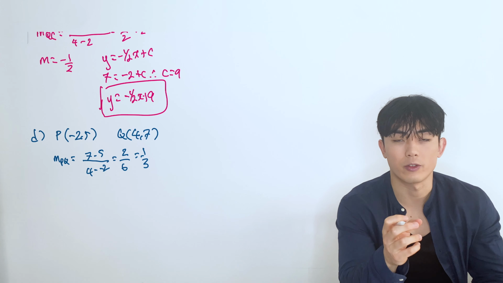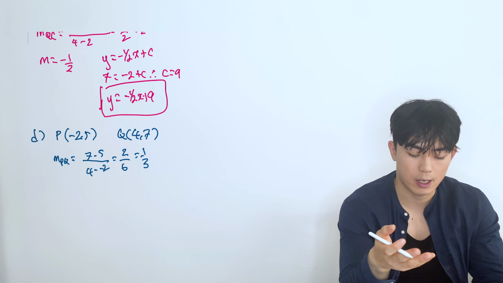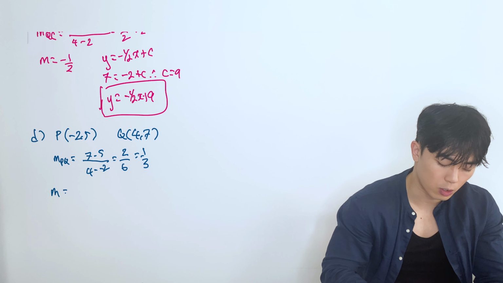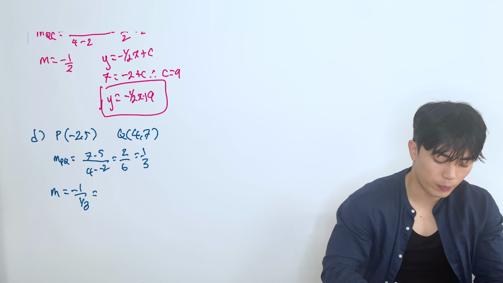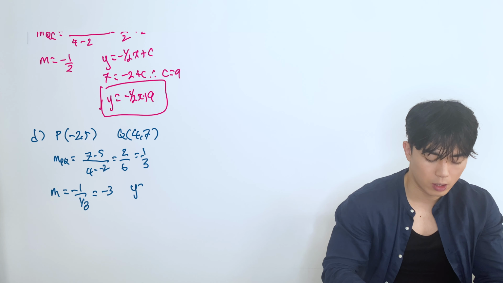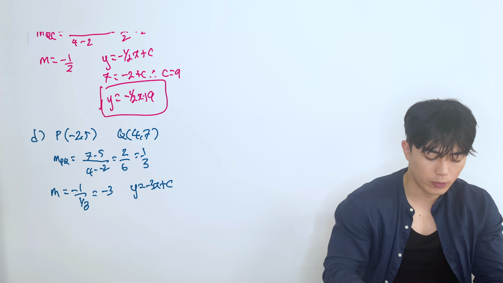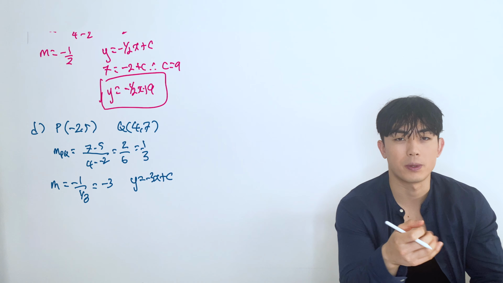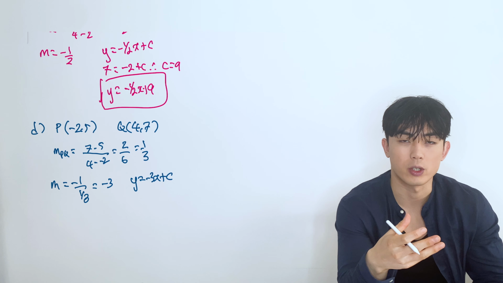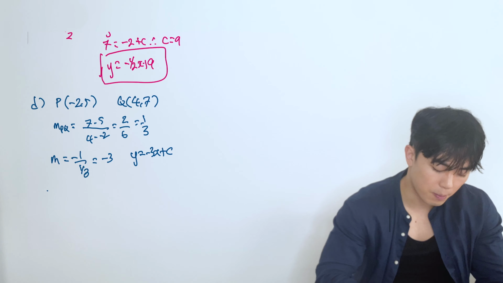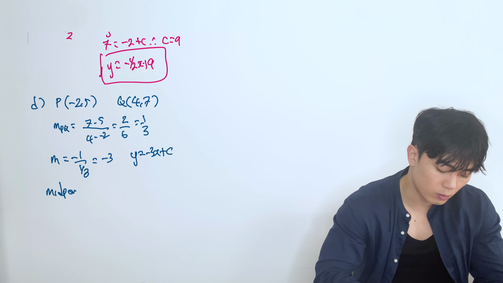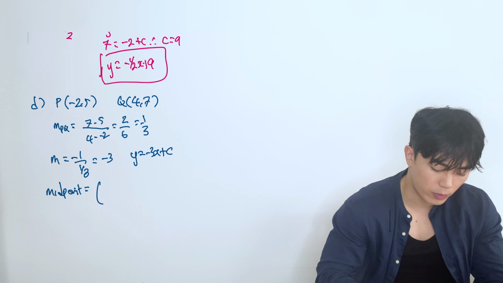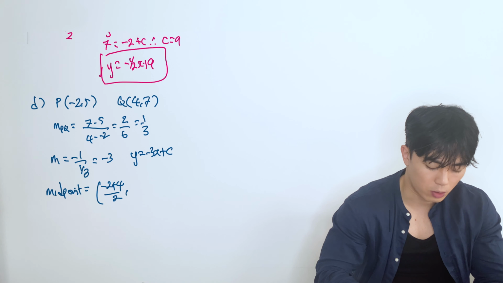Now this is the gradient of PQ, but it's a perpendicular bisector, so we need to once again do minus 1 over 1 over 3, so it's going to be negative 3. So y is negative 3x plus c. Now to find the c, we need to find a point on that line, right? Because it's a perpendicular bisector, it passes through the midpoint of P and Q. So finding the midpoint would be equal to (minus 2 plus 4) over 2 and (5 plus 7) over 2.